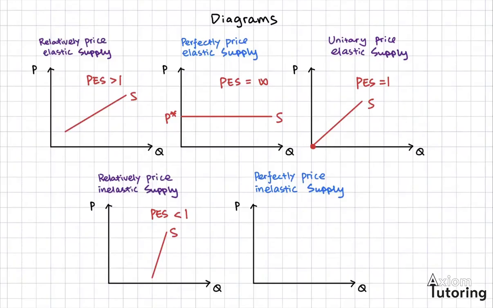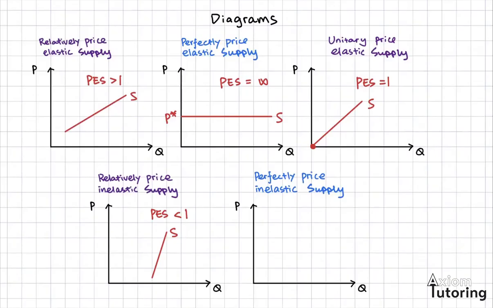The short-run quantity supplied barely changes. Another example is housing supply in cities. Even when house prices rise sharply, new homes cannot be built immediately due to long construction times and planning restrictions. So inelastic supply typically occurs when production cannot be increased quickly.